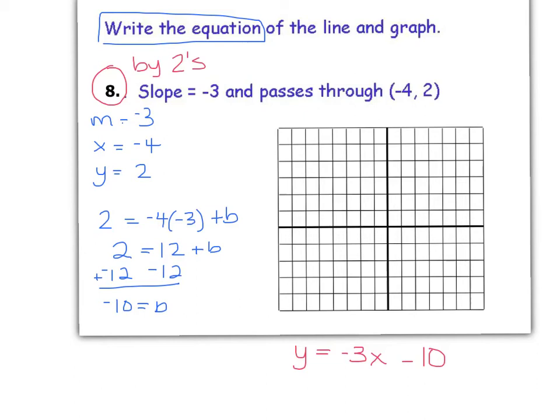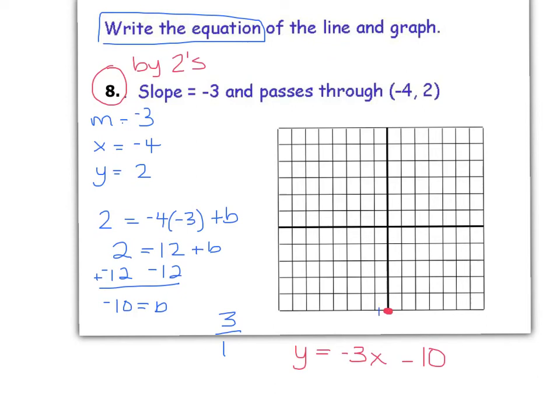So here I'm going to go by twos, so I have a negative 10. So I'm going to go down on the y-axis 5 place values, because 2 times 5 is 10. So there I am, negative 2, negative 4, negative 6, negative 8, negative 10. And I'm going to have the slope of negative 3 over 1, which means I have to go backwards. So I'm going over, remember that 3 over 1, I'm going by twos.